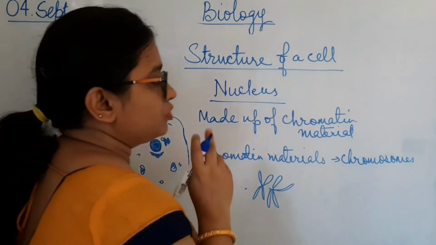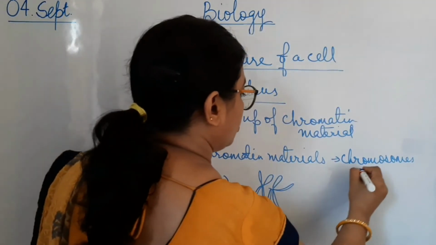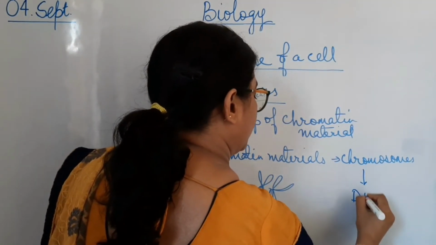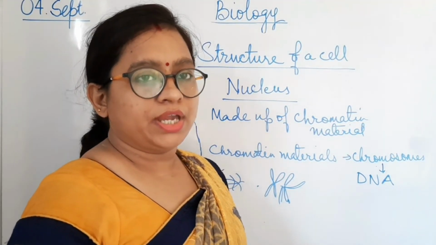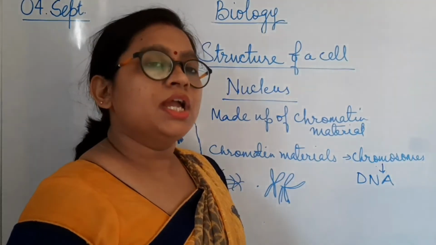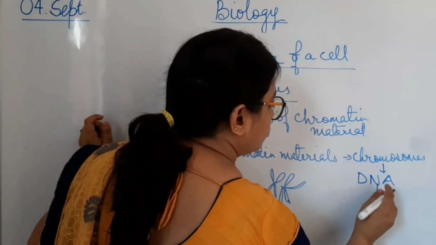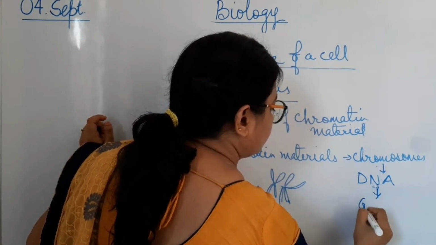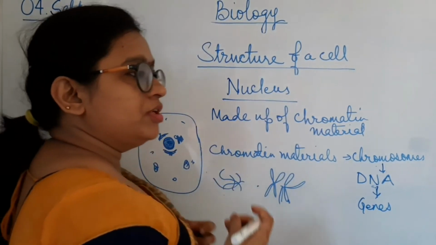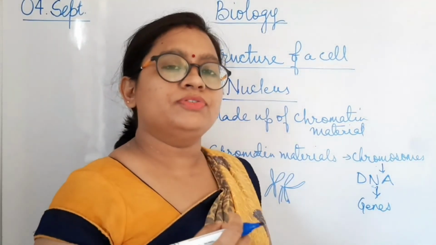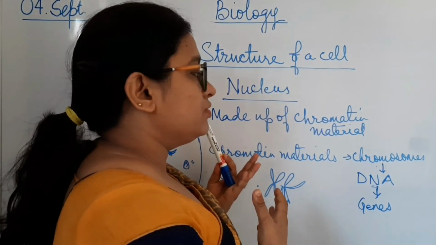And these chromosomes are actually made up of DNA. What is DNA? Yes, deoxyribonucleic acid. You will write the full form of DNA in your notebooks. The functional part of DNA is called genes. These are the genes which transfer the important characters from one person to another person. So that is the structure of the nucleus.